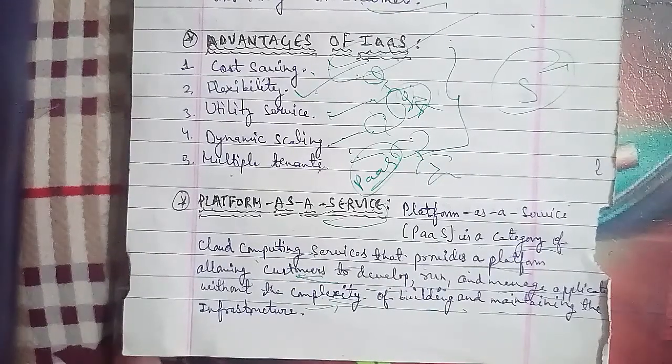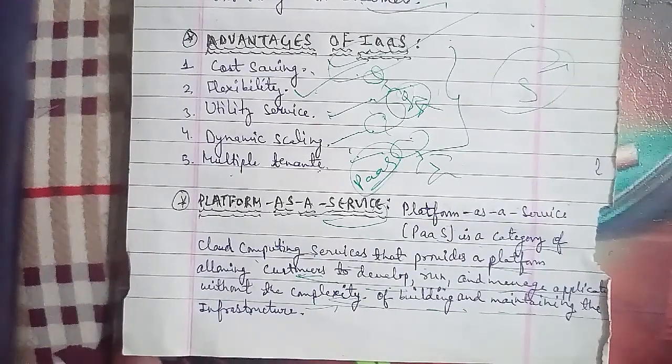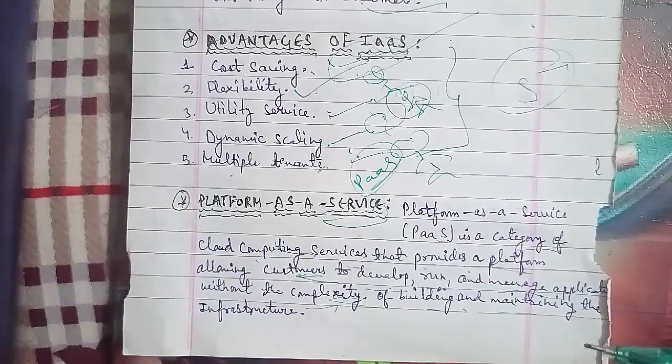So here you can see the advantages of platform as a service, that is, the advantages of PaaS. There are four advantages of PaaS. The first advantage is that it is simple and convenient for the user. The second advantage is that it is cost effective.